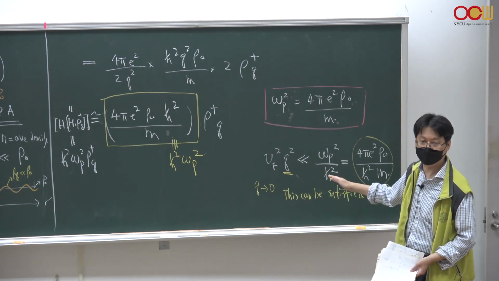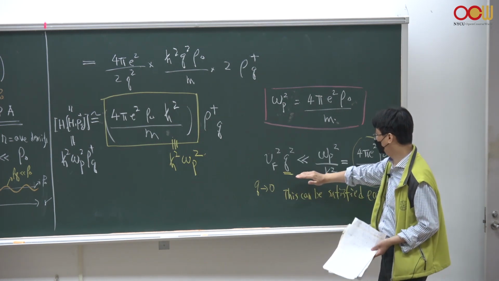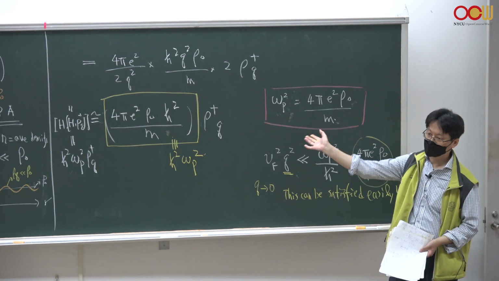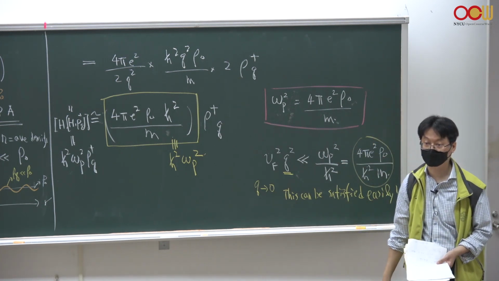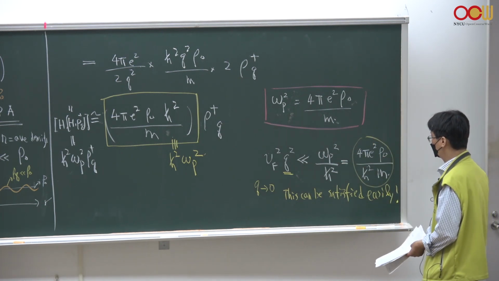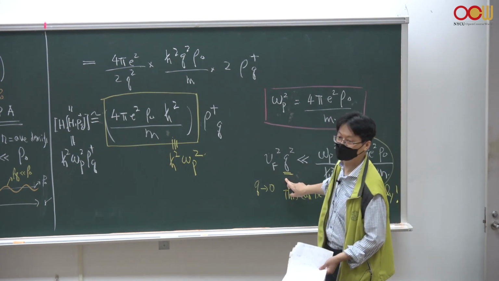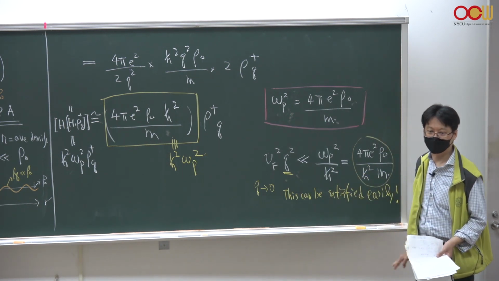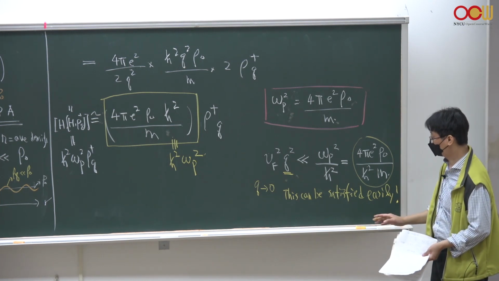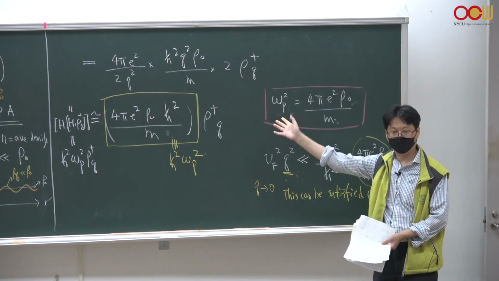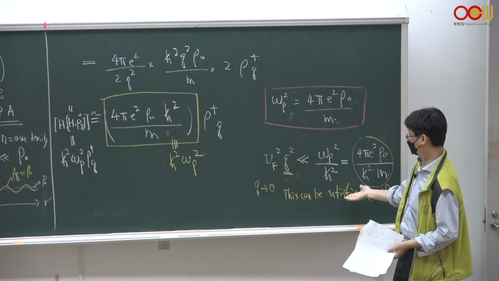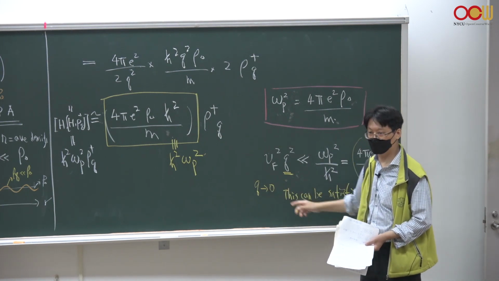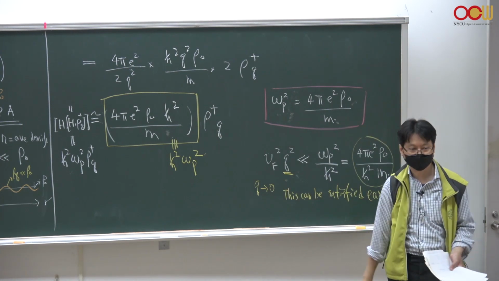And that justifies the approximation that we made earlier by neglecting the kinetic energy term, right? So as long as Q is small enough, then we are fine. Of course, this is, again, an approximation because we neglected all the pure kinetic term. But in the limit of Q goes to 0, this approximation is okay.